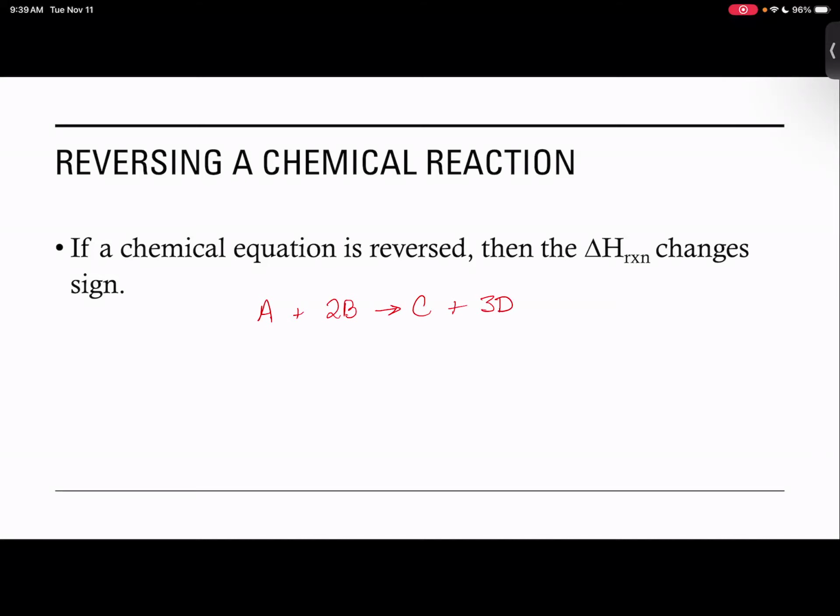If I reverse this reaction, where it's C plus 3D goes to form A plus 2B, then what would happen is if the original delta H is 155 kilojoules, then this reverse reaction would be a negative 155 kilojoules.